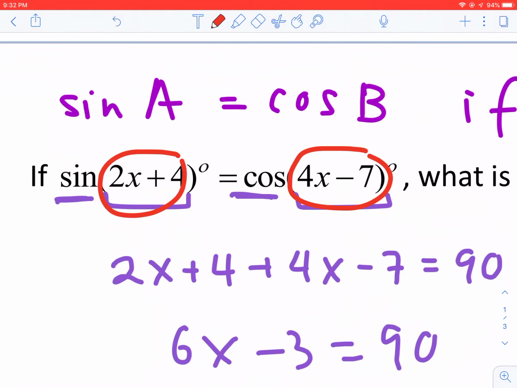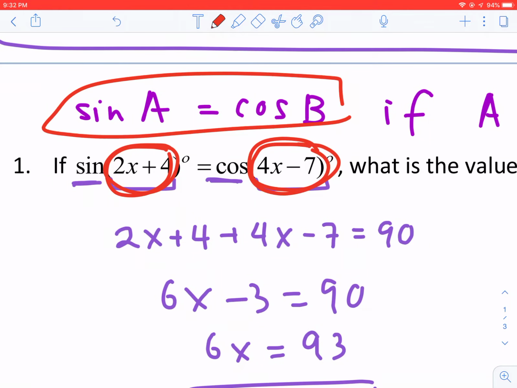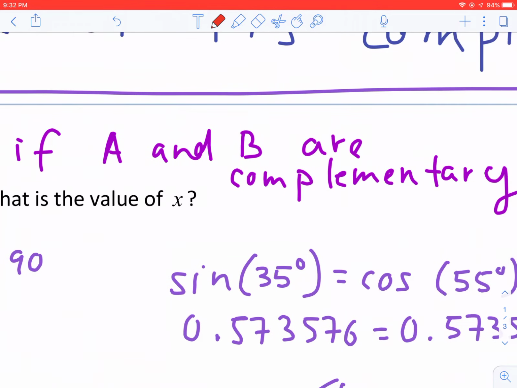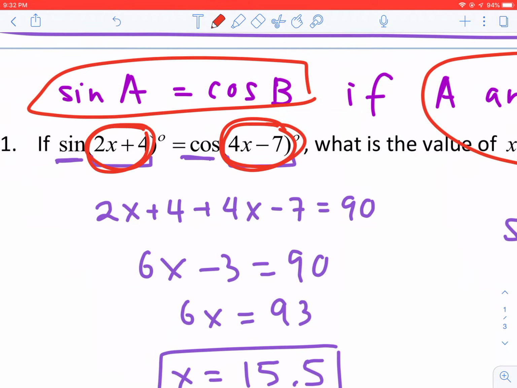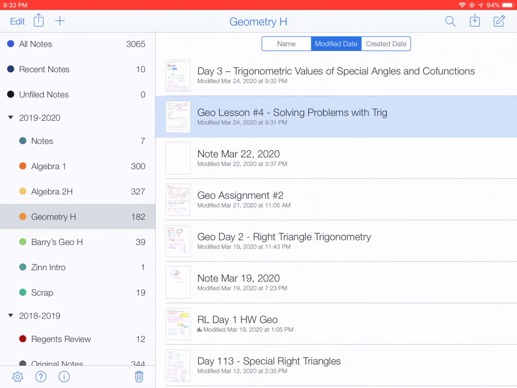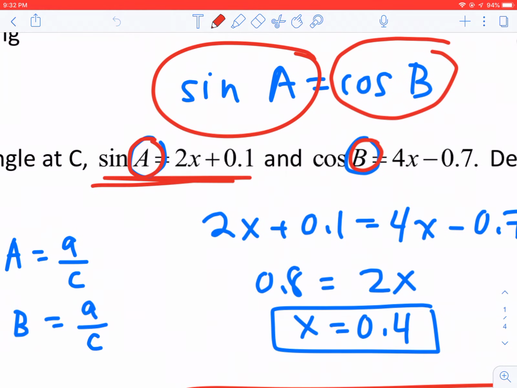I know sine will equal cosine when the angles are complementary. So sine of A equals cosine of B if angles A and B are complementary. So in this case, I add up the two angles and I set them equal to 90. In the homework, I already know the angles are complementary.